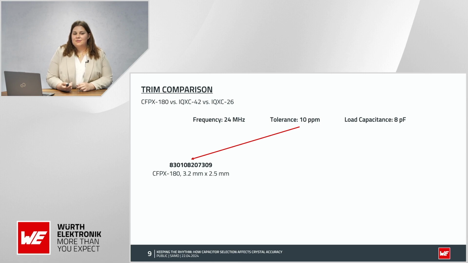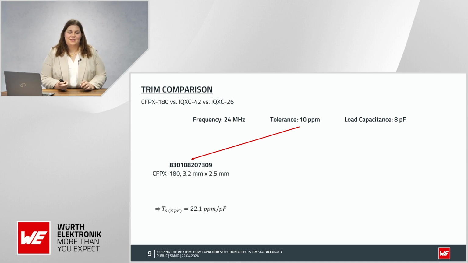So now we have a standard CFPX 180, 3.2 by 2.5 millimeters. The trim sensitivity with a load capacitance of 8 picofarad is 22.1 ppm per picofarad. This means if the circuit has 1 picofarad more or less than those 8 picofarads, the frequency will change by 22 ppm.